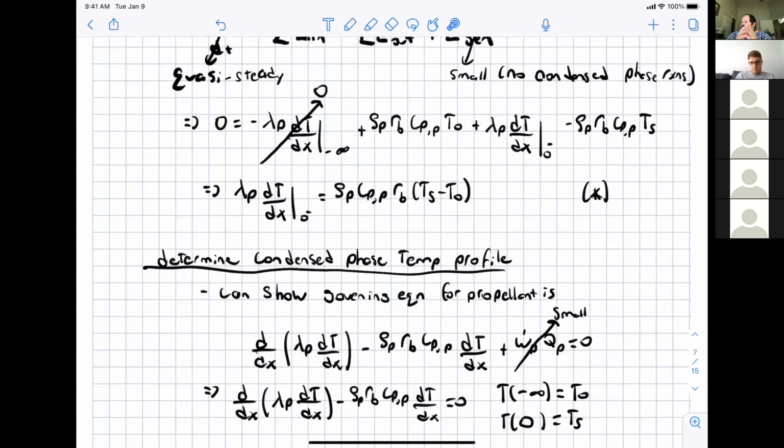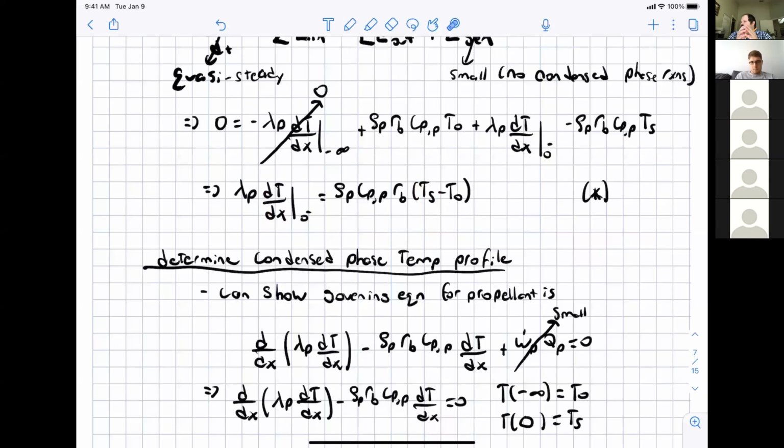Now, to complete the analysis of the burning rate, you don't need to determine the condensed phase temperature profile, because we already have our condition in terms of thermophysical properties, with the exception of the surface temperature of the propellant.